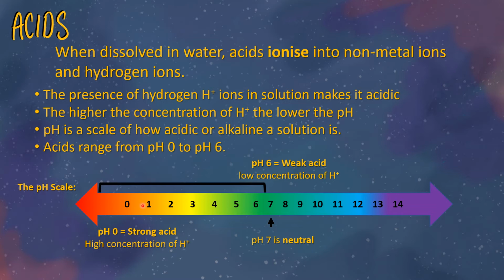The lower the pH, the stronger the acid is, which means there are more H+ ions. If we go all the way up to 6, that is a weak acid. There are still hydrogen ions, but not as many. And when we get to pH 7, that is neutral.